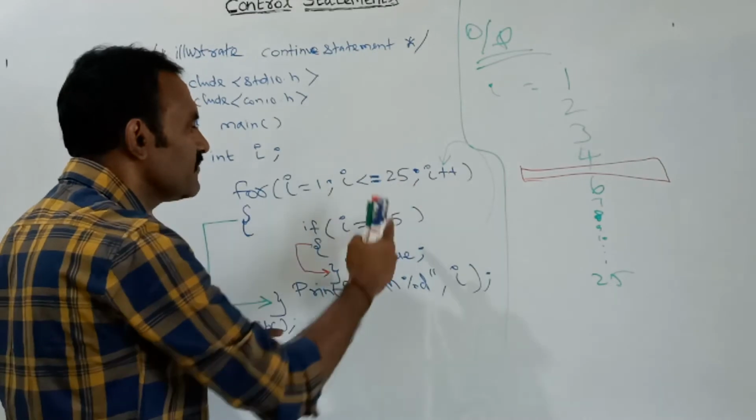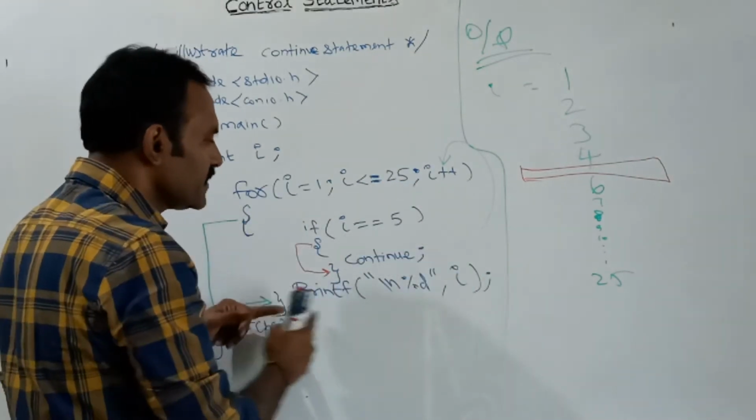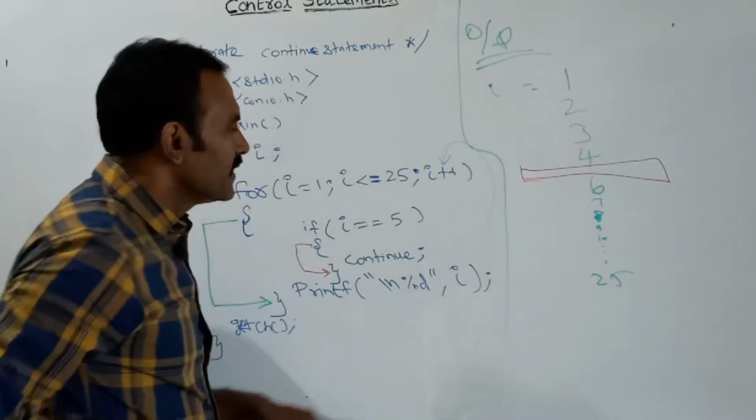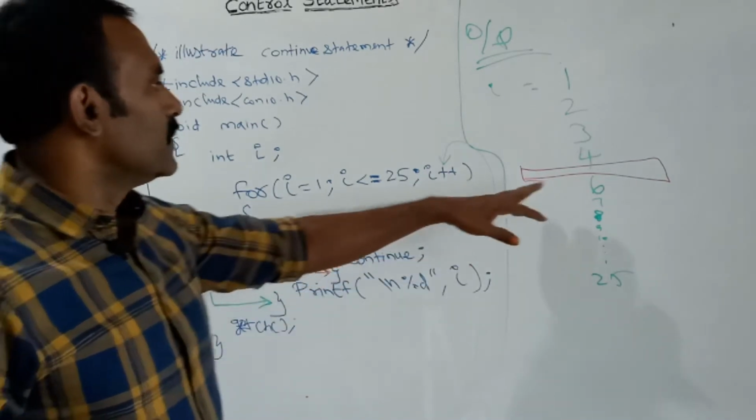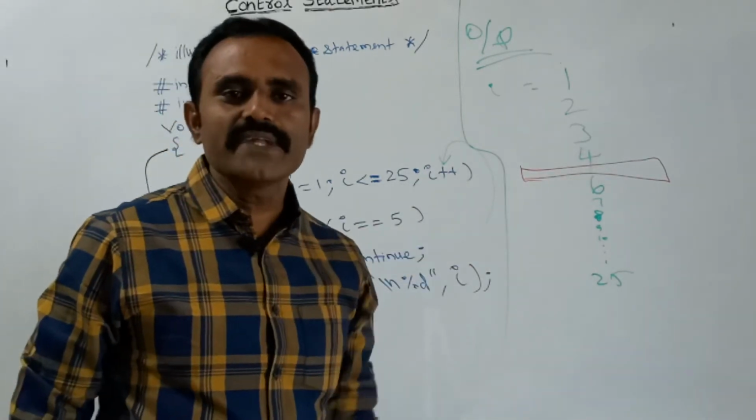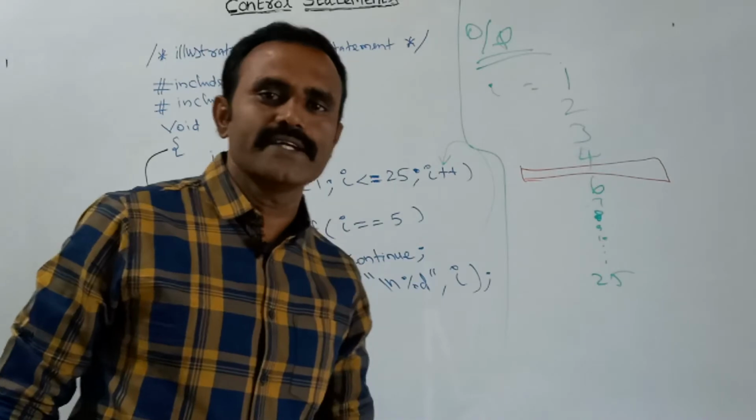Here the next iteration value is 6, so it proceeds from 6. From the fifth iteration it jumps to the sixth iteration.